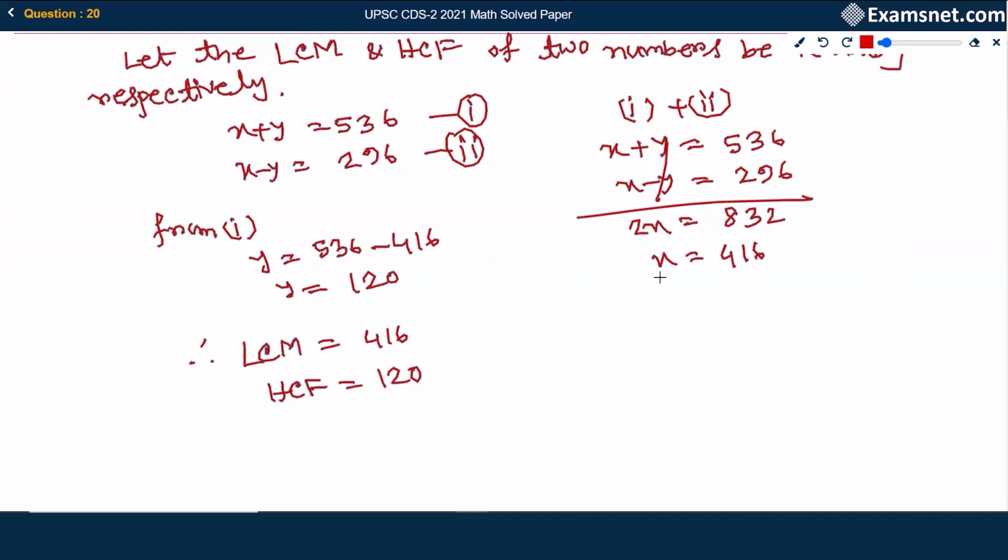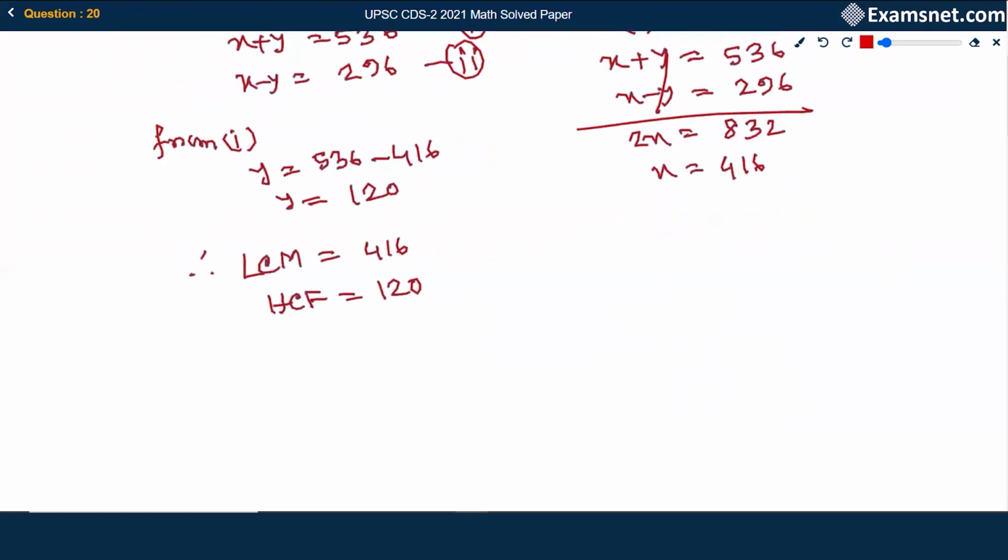Okay, there is a relation between LCM, HCF and the numbers. That relation is: the product of LCM and HCF equals the product of two numbers.